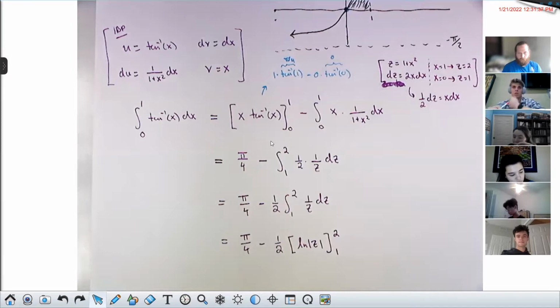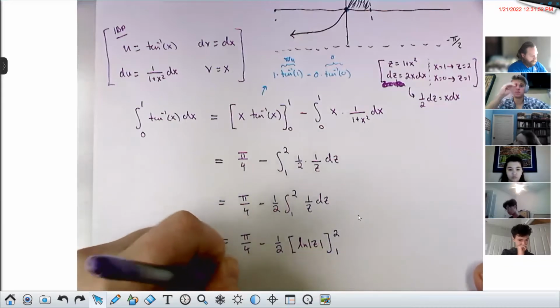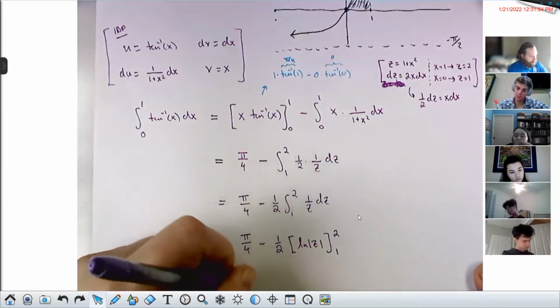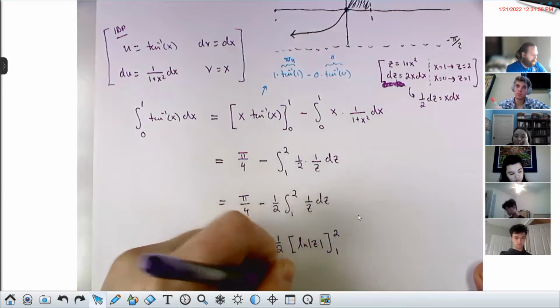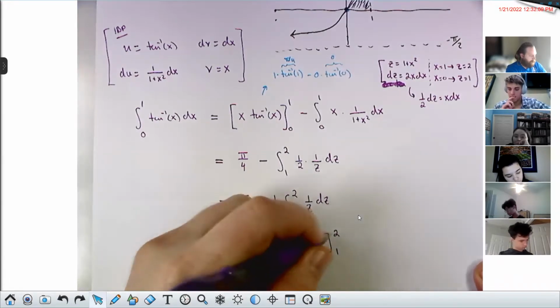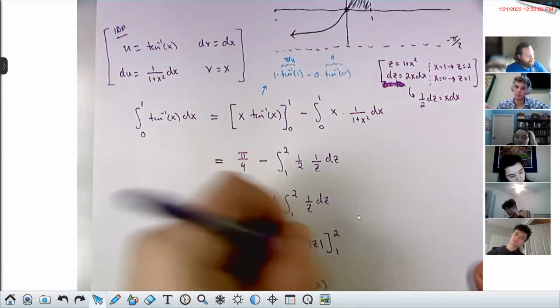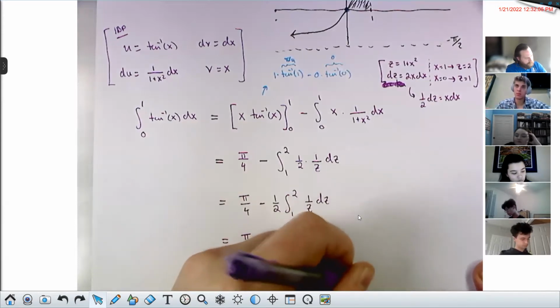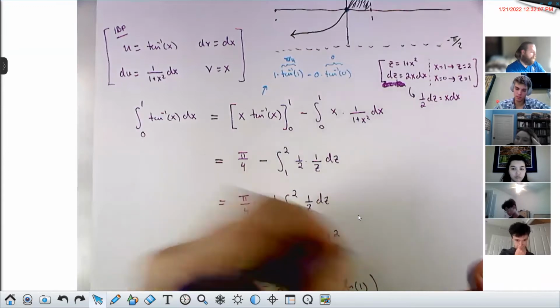And I'll remind you on the test, I require you to change bounds when you make a substitution in a definite integral. Got to do it. And the beauty is you don't need to go back to the original variable. We just plug in these new numbers. Doing that, I get pi over 4 minus 1/2 times the natural log of the absolute value of 2, which is 2, minus the natural log of the absolute value of 1, which is 1.